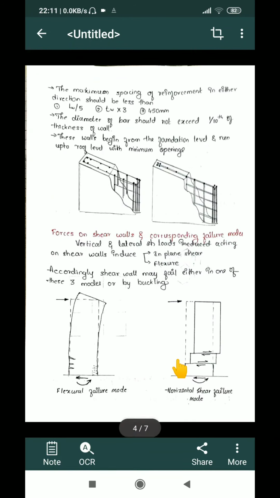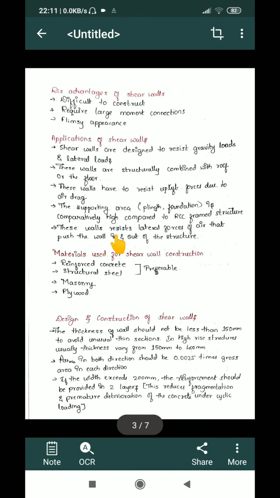So if a wall has a thickness of 150 mm, a length of 4 meters and a height of 3.5 meters, we calculate the gross area of that particular wall and provide reinforcement of at least 0.0025 times the gross area.